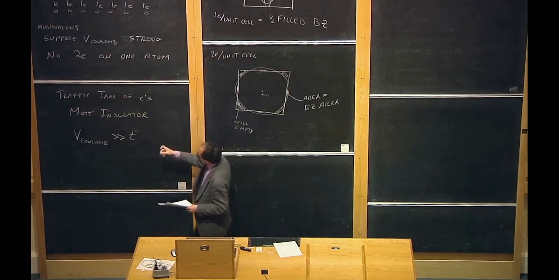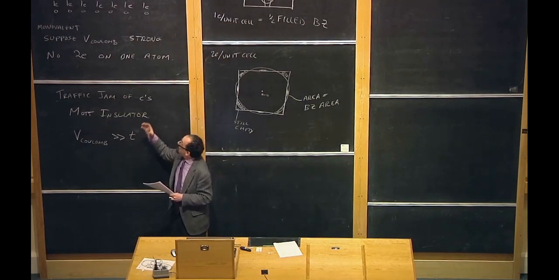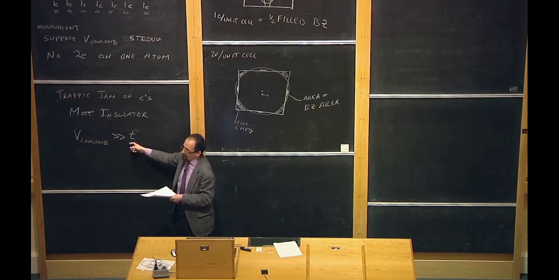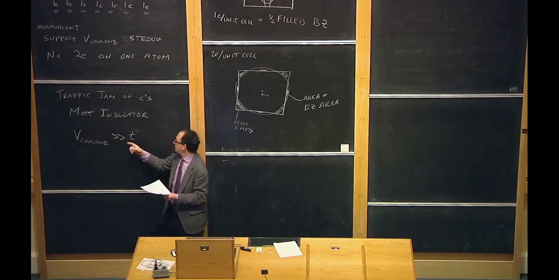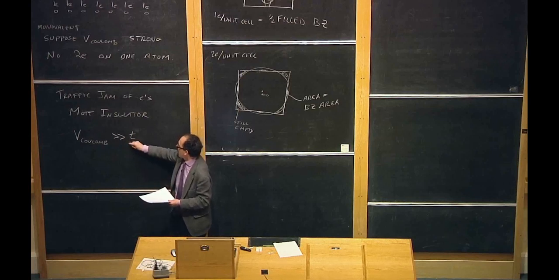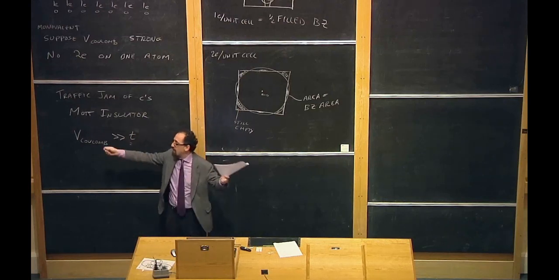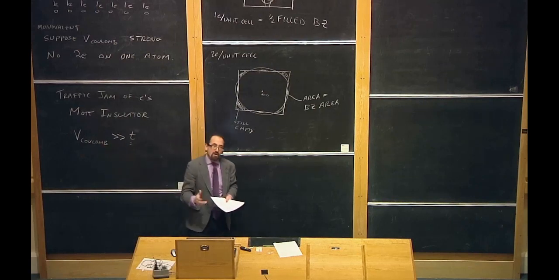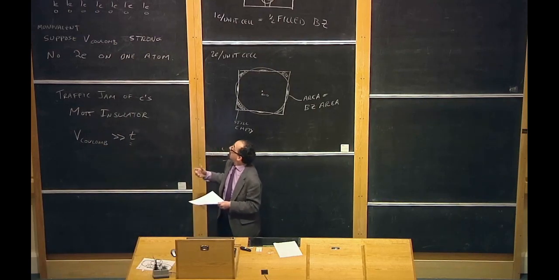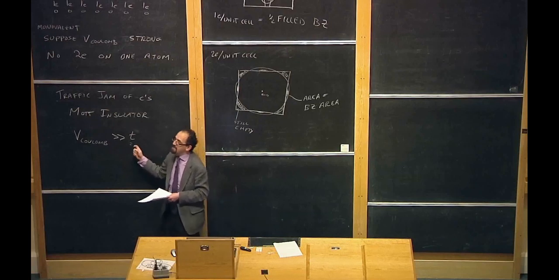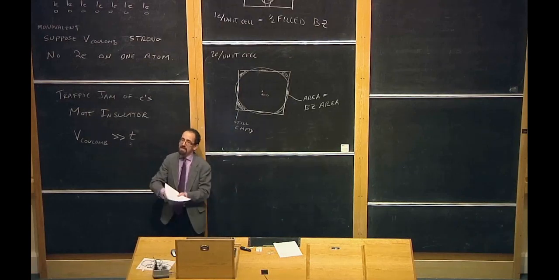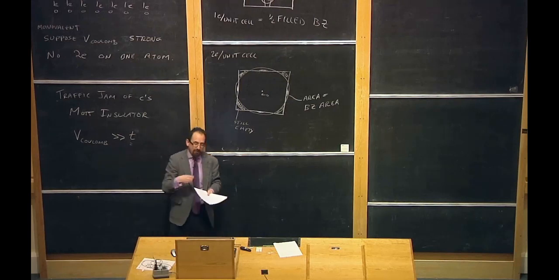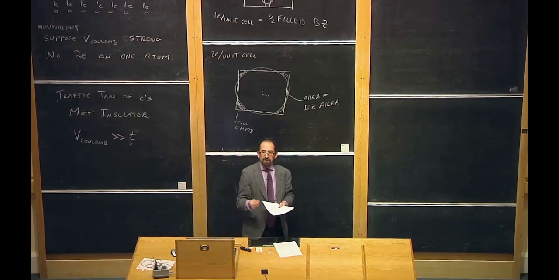But the electrons want to spread out because of the hopping. How much does it lower its energy? It lowers its energy about T if it hops from one site to another, if it's allowed to spread out its wave function. But if the Coulomb interaction is much, much stronger than the hopping, then the electron would gladly sacrifice the amount of kinetic energy it's gaining by forming a plane wave in order to prevent itself from ever sitting on a site where there's already another electron.